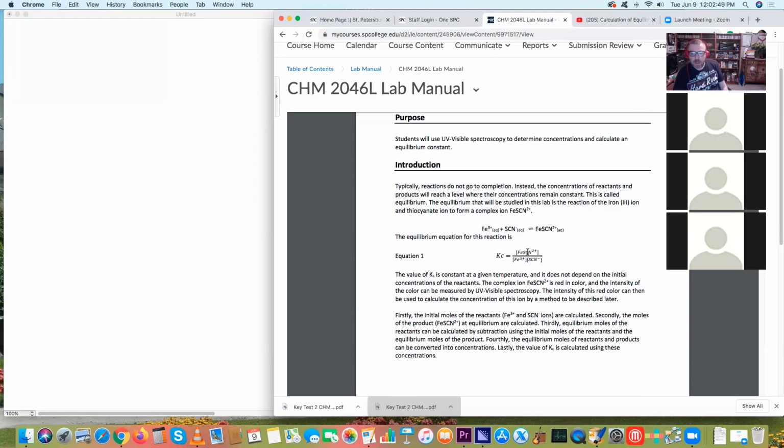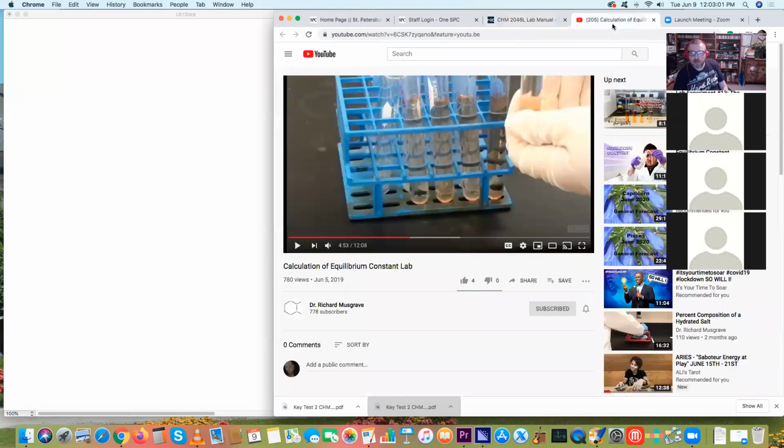So we're adjusting the concentrations so we get varying amounts of this red material at the end, which is why the more SCN minus we add, the darker the solution becomes, because we're getting more product in those cases. So that's the premise behind it.